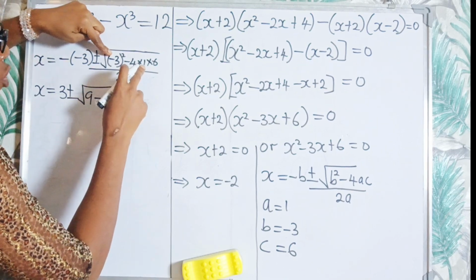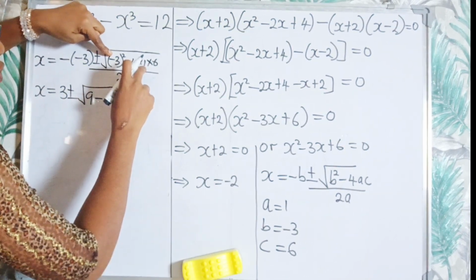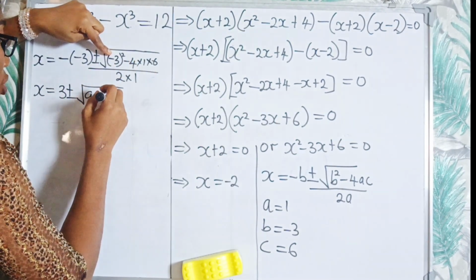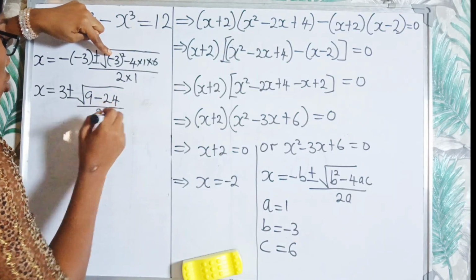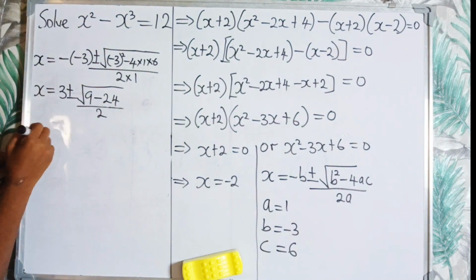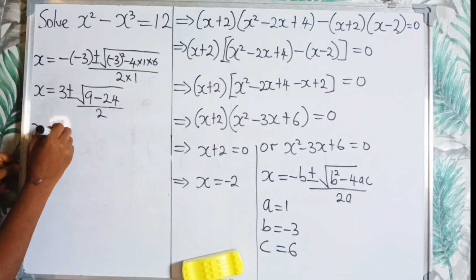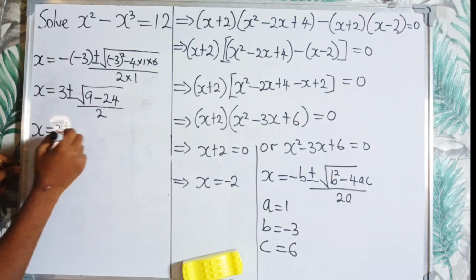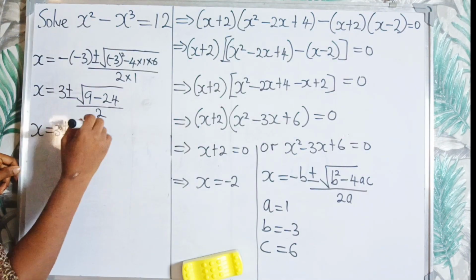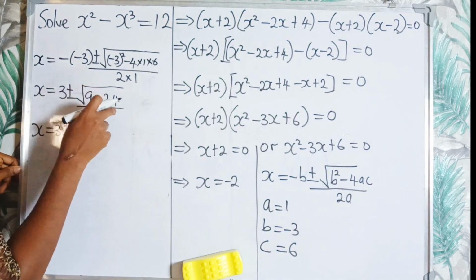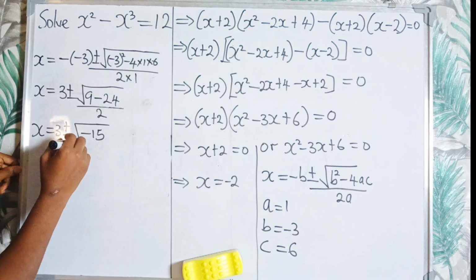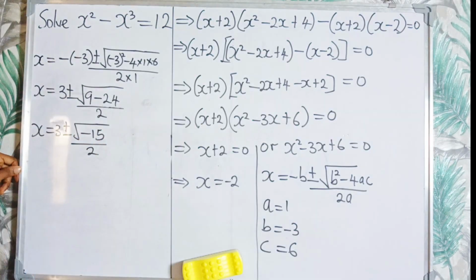Minus 4 times 1 is 4. 4 times 6 is 24. Minus 24. And this is divided by 2. So our x is equal to 3 plus or minus the square root of minus 15 over 2, 9 minus 24 is minus 15.